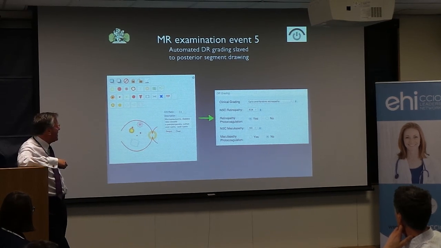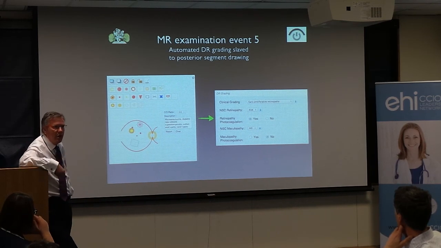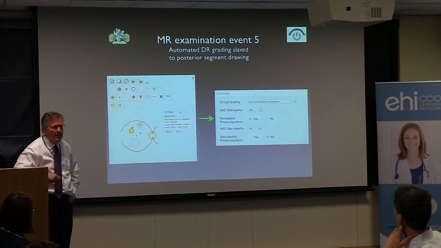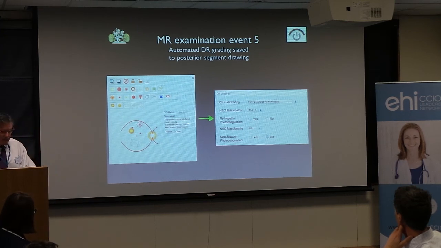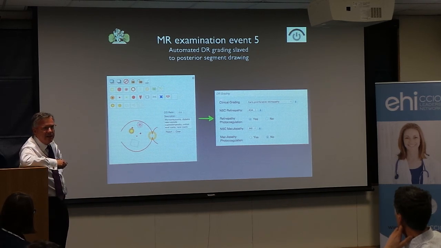And as he showed you, clicking report there turns the diagram of the drawing into diagnostic narrative and codes in the background to SNOMED CT. Fantastically slick. We can also take the drawing, and if a function called diabetic retinopathy grading is enabled, the grading system will interpret the drawing and grade to the national standards in the background.